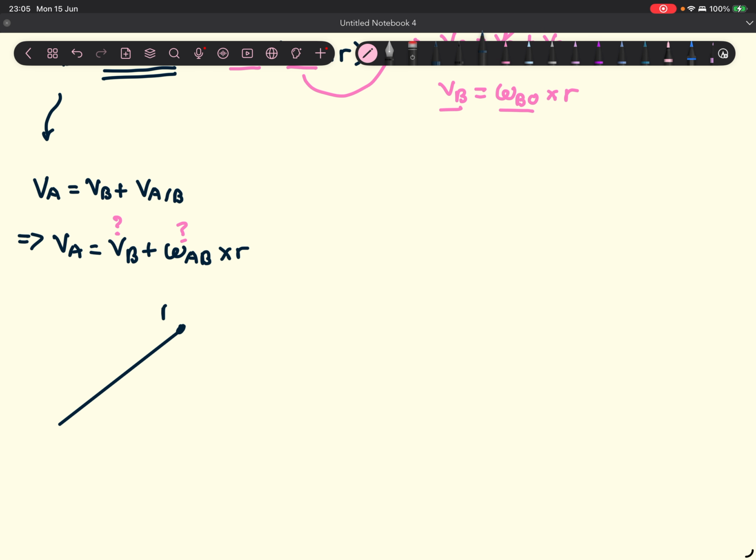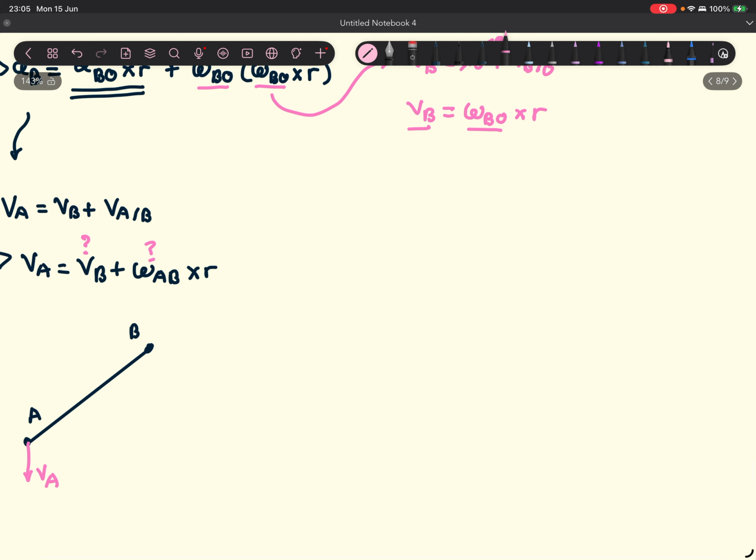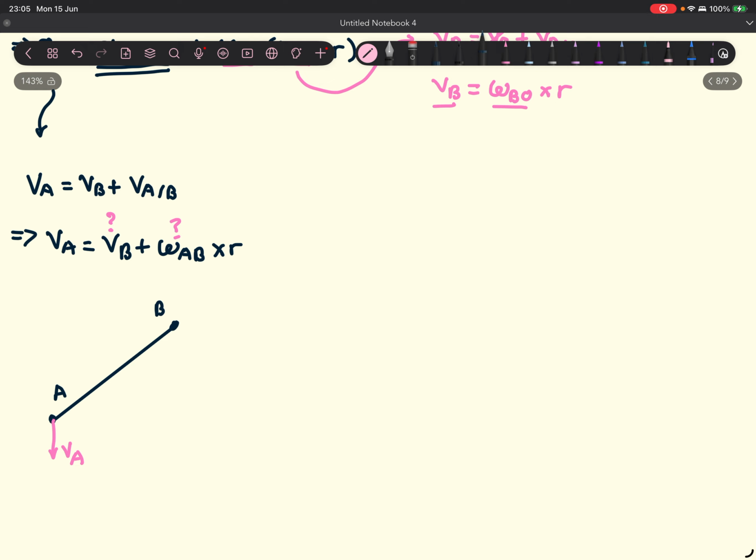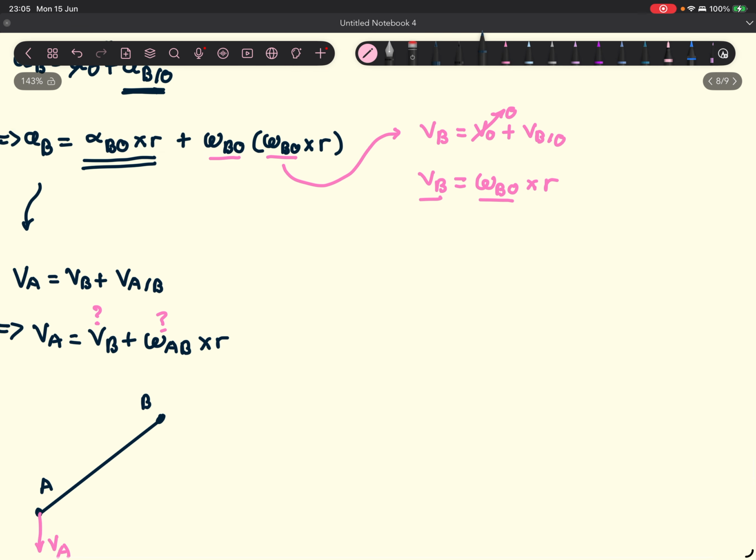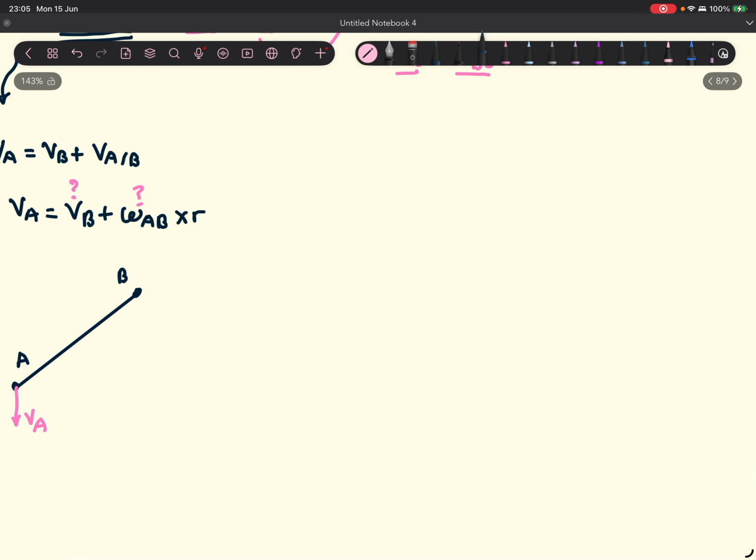So this is point B, that's point A. Then we have VA over here, and then to get VB, the direction of VB, we're going to use the fact that it's going through fixed axis rotation with the center of the circle, right?